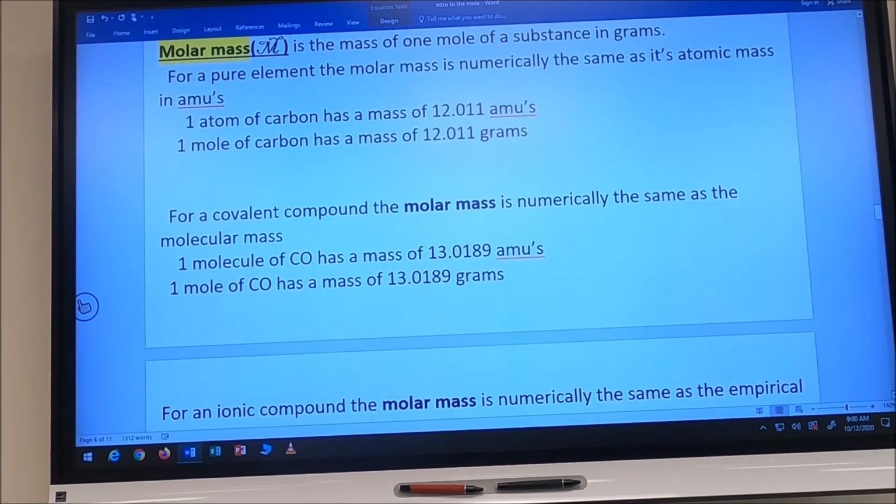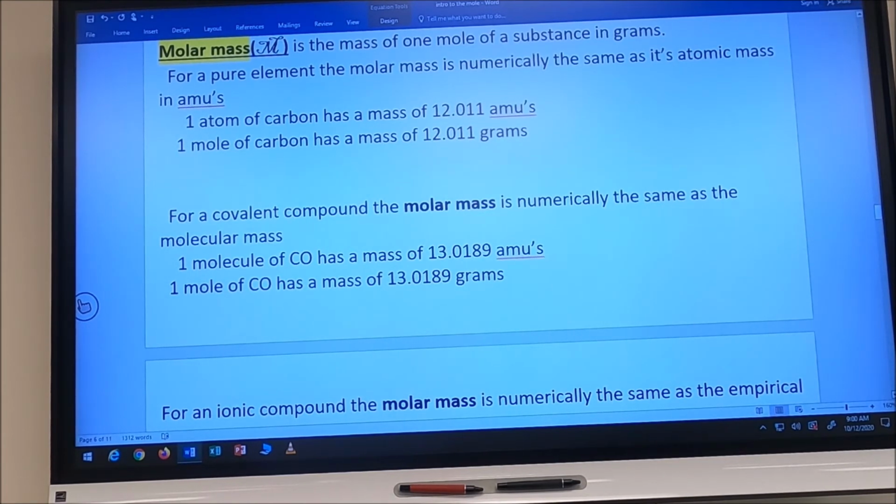For a covalent compound, the molar mass is numerically the same as the molecular mass. So 1 molecule of carbon monoxide has a mass of 13.0189 AMUs. 1 mole of carbon monoxide has a mass of 13.0189 grams.